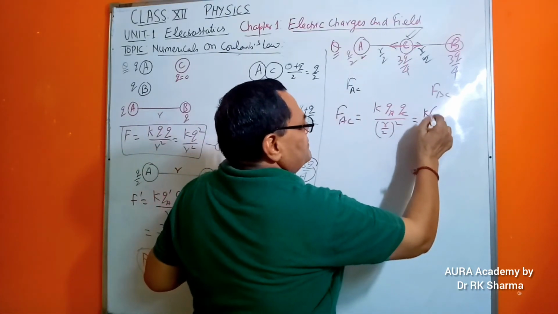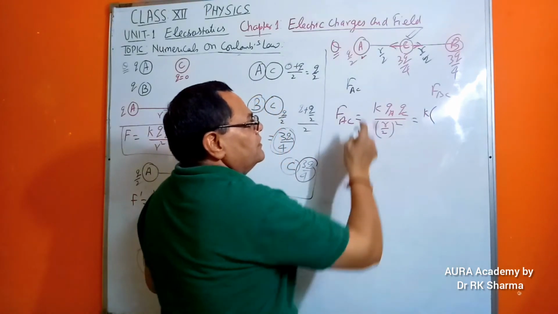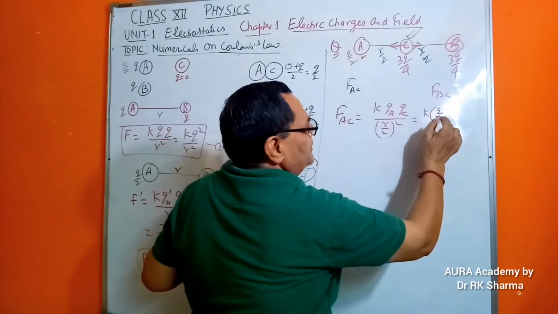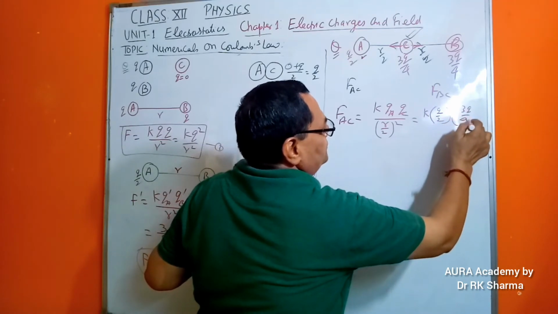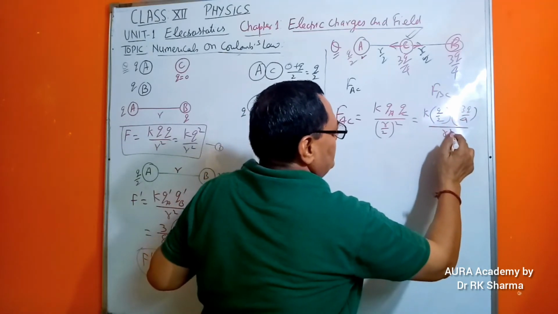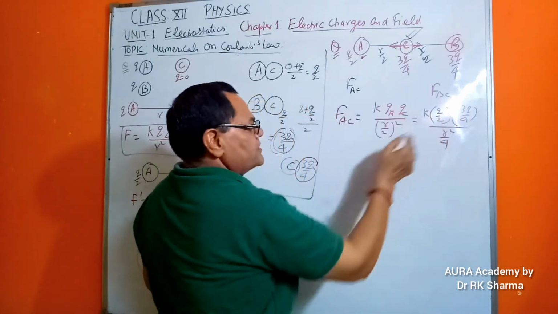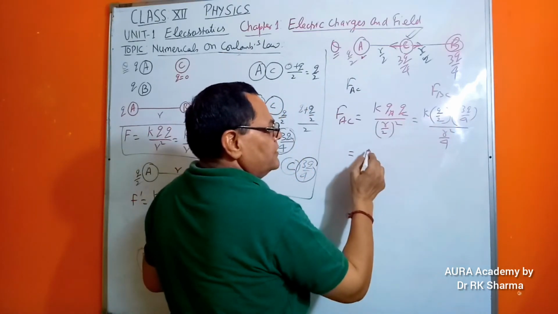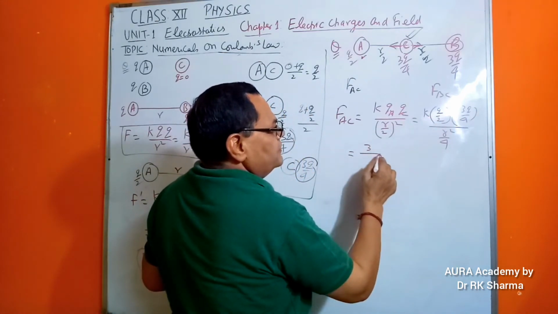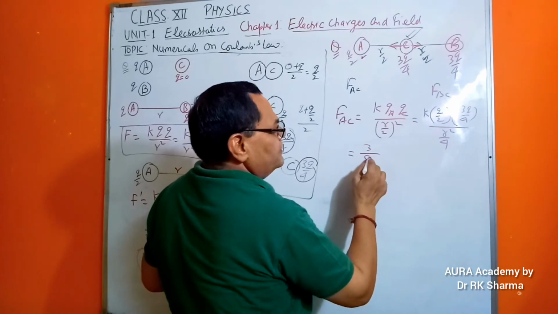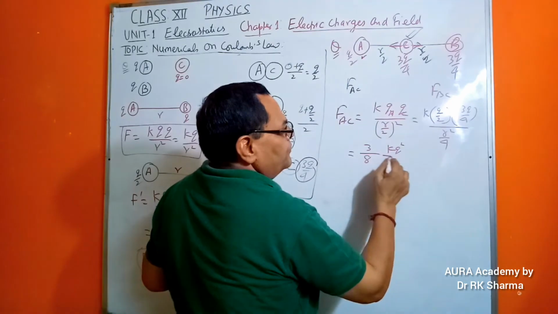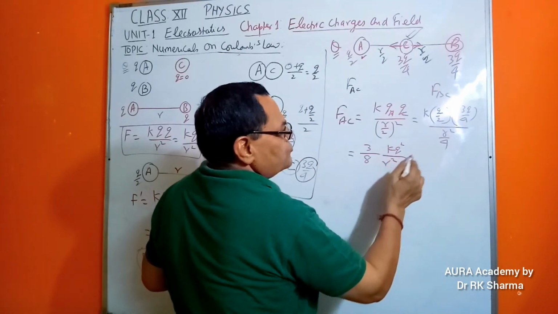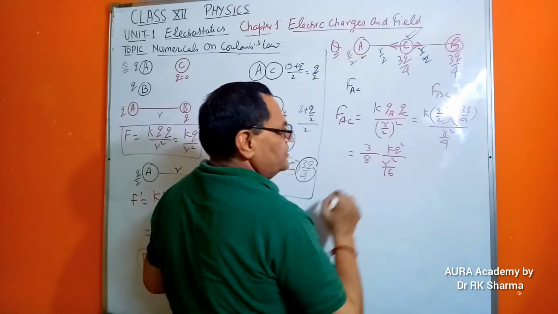K as it is, QA is q by 2, and the charge on C is 3q by 4, divided by r square by 4. Simplify the numerator, so you will be getting 3 by 8 k q square upon r square by 16.